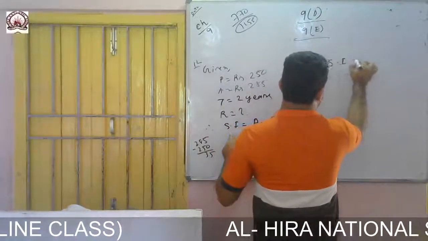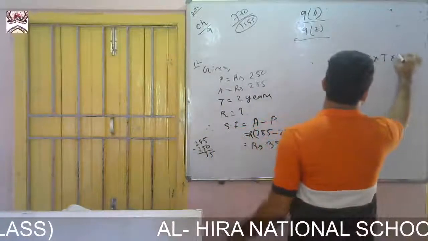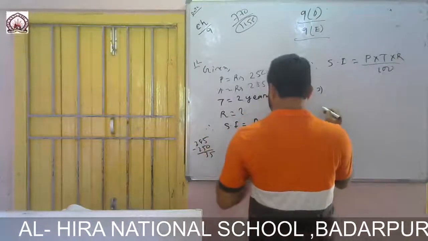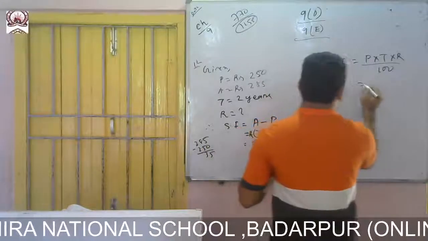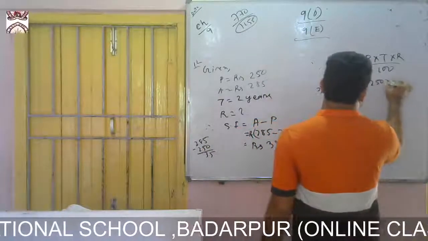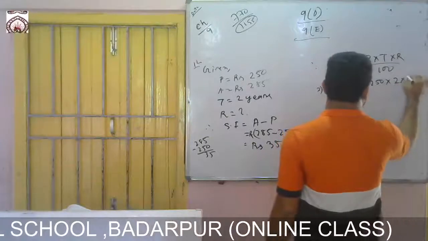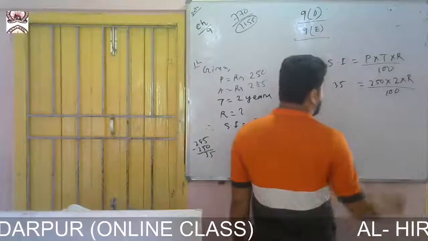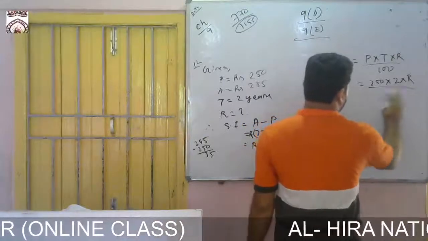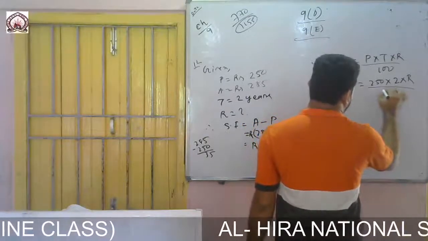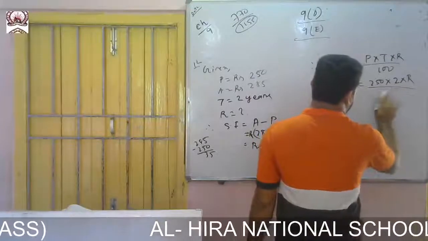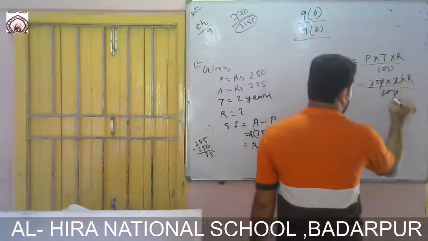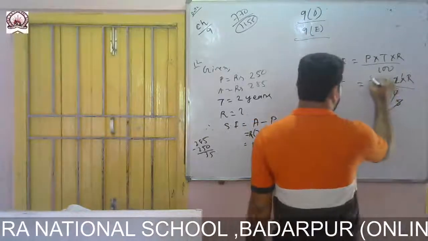Therefore SI equals P into T into R by 100. SI is given as 35, P is 250, into time 2 years, into R which we need to find, by 100. It is very easy. Cancel these: 100 and the zeros cancelled. 2 5s are 10, 5 5s are 25.